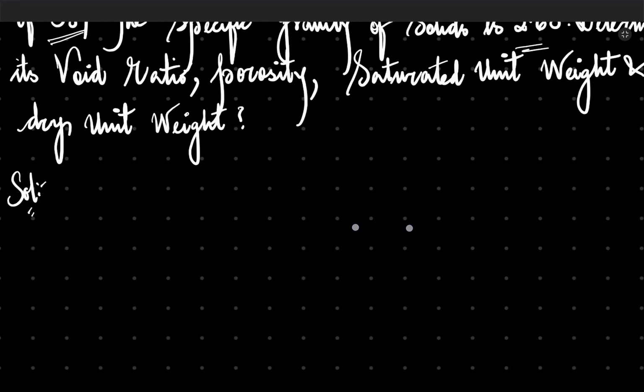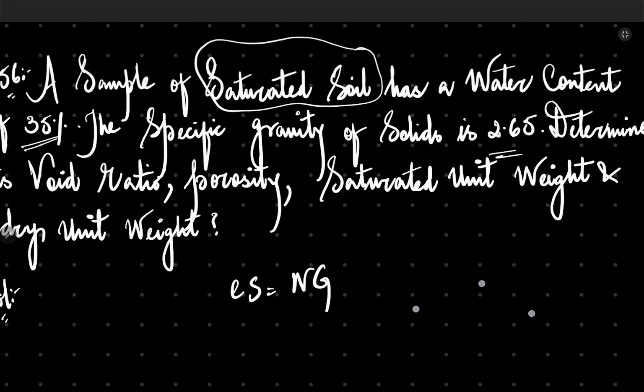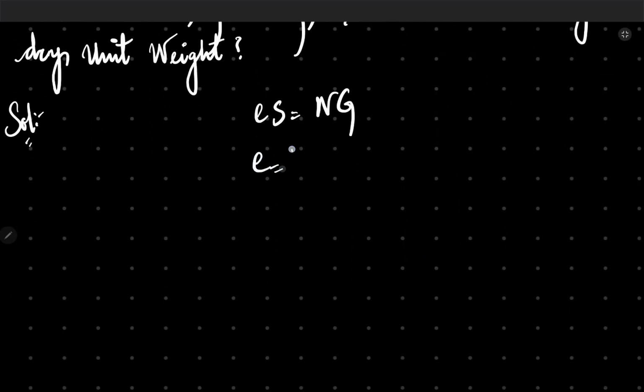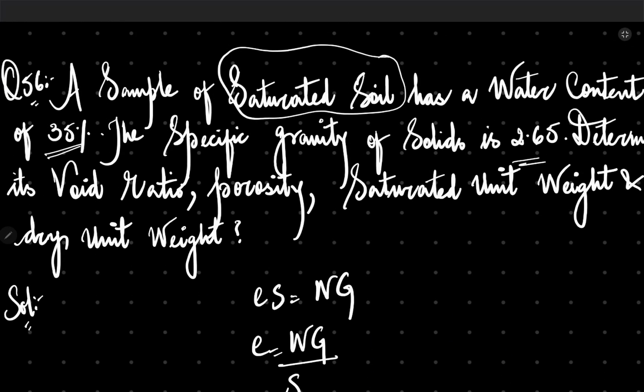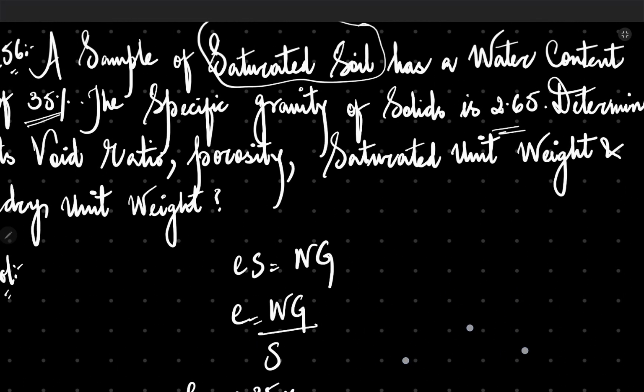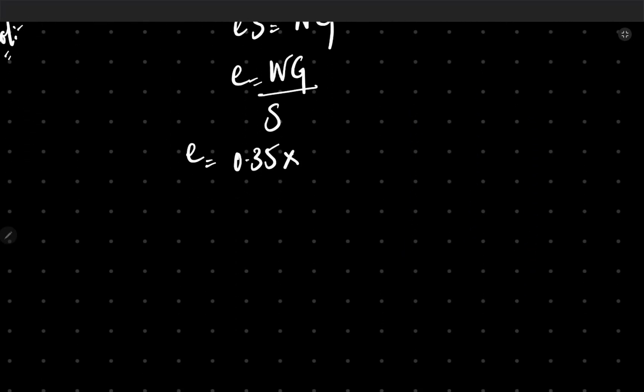All right, we know the generalized equation: eS is equal to wG. First question asks us to find the void ratio. So e is wG by S. Water content is how much? 35%. G is how much? 2.65. And S is how much?